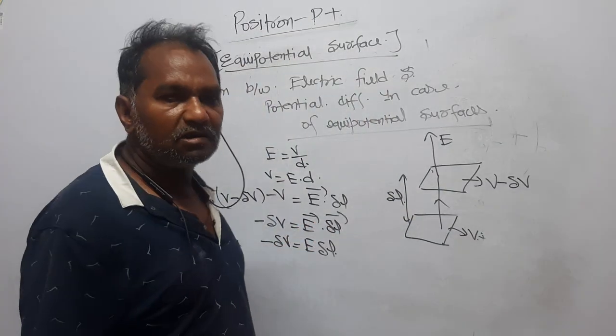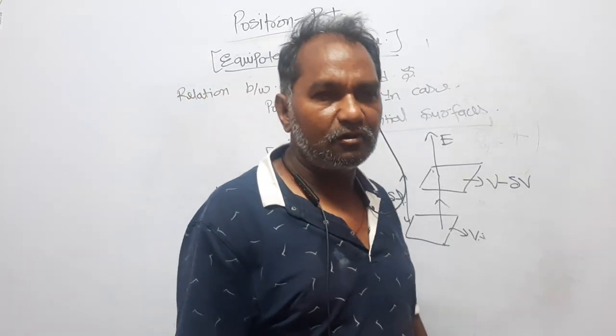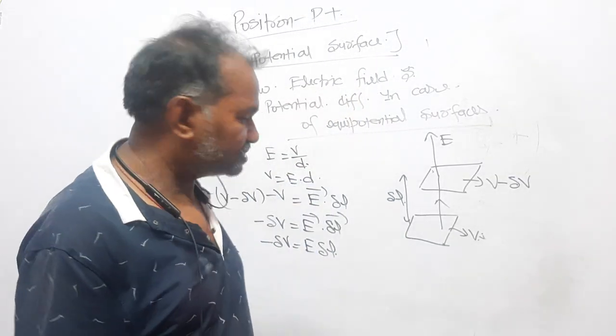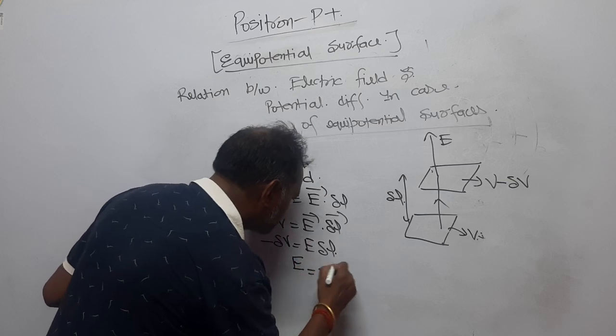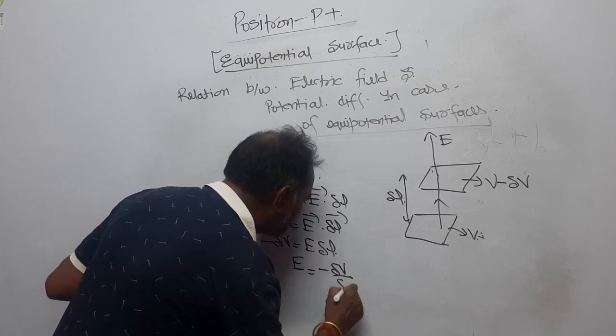A dot B is equal to AB cos theta, and cos 0 is 1. So E is equal to minus del V upon del L.